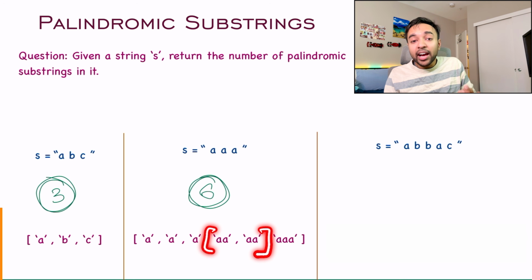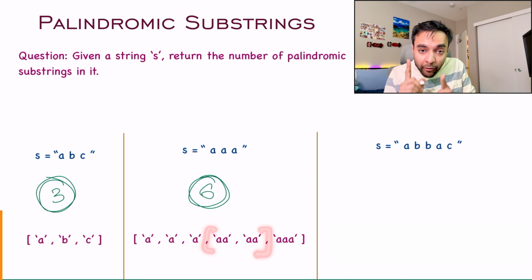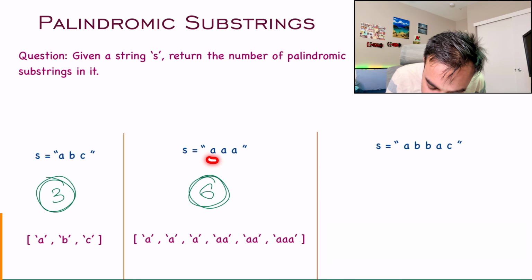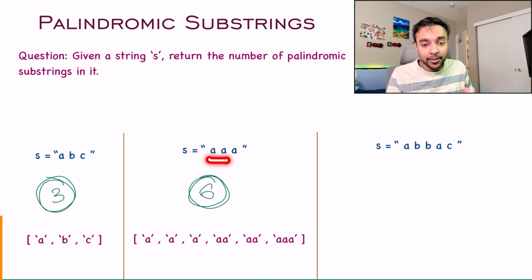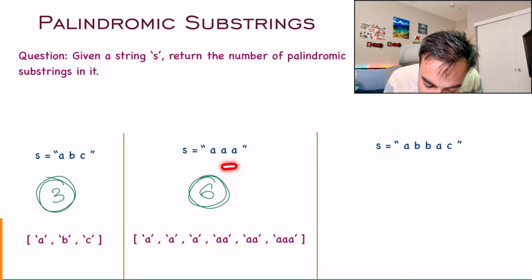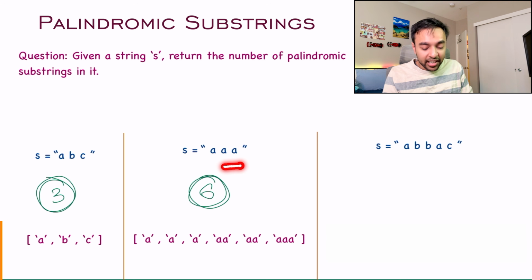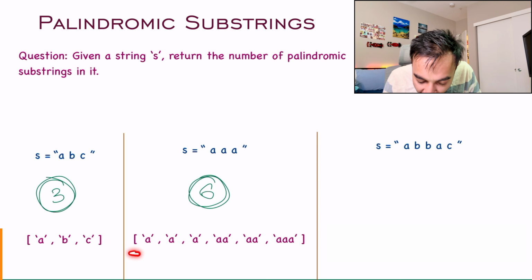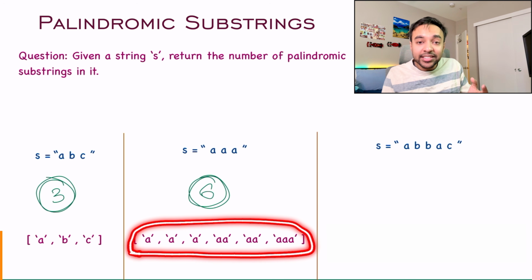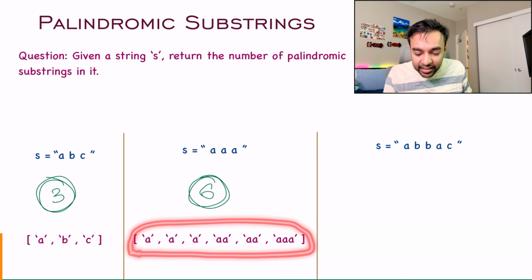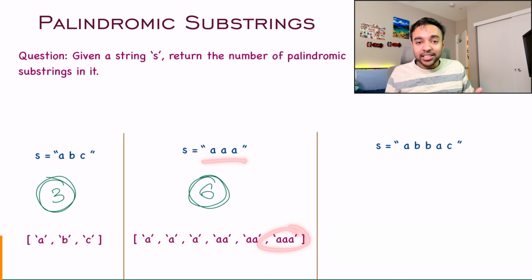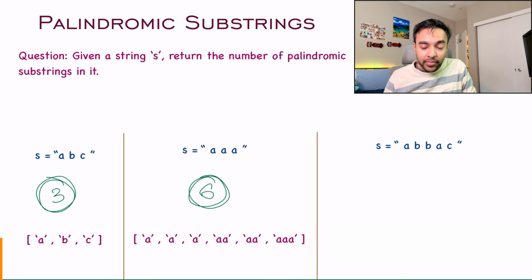You may ask why I have 2 AAs. Well, that is because the first substring is from the first and the second character, and the second substring is from the second and the third character. So you have 2 different substrings possible. And that is why you have these 5 substrings that are palindromes. And the last palindrome is the entire sequence itself because it is a palindrome.